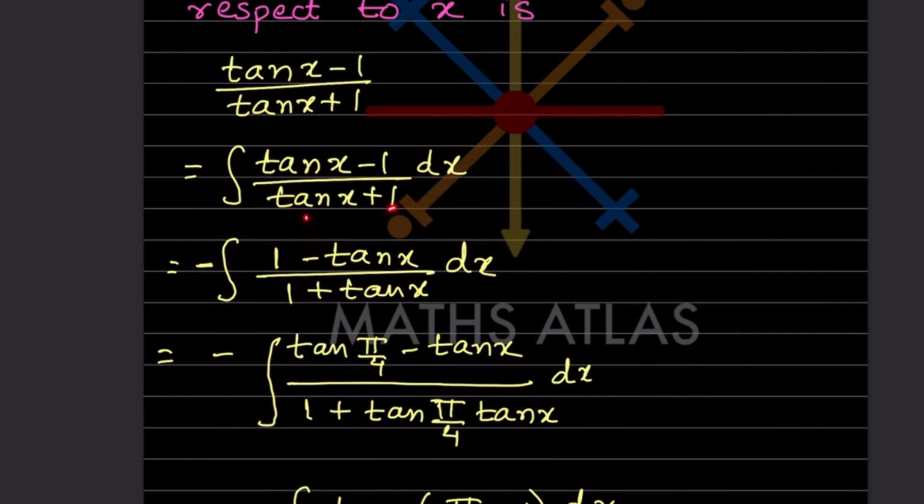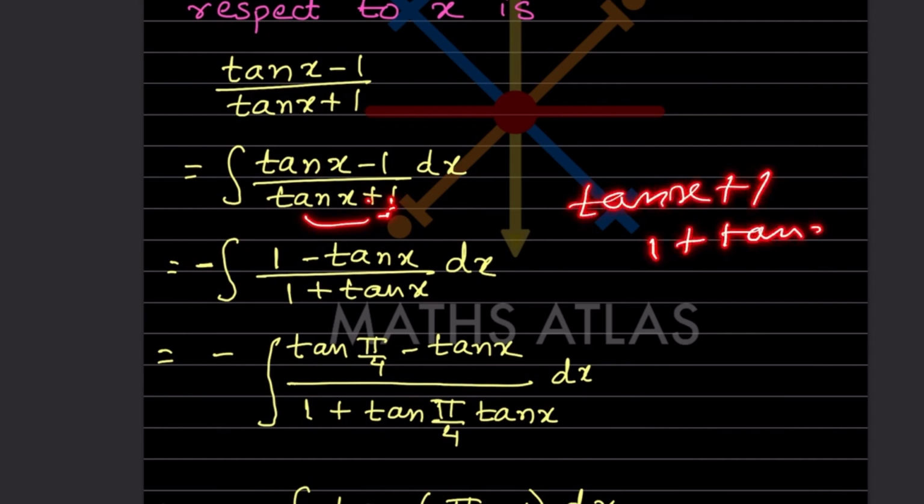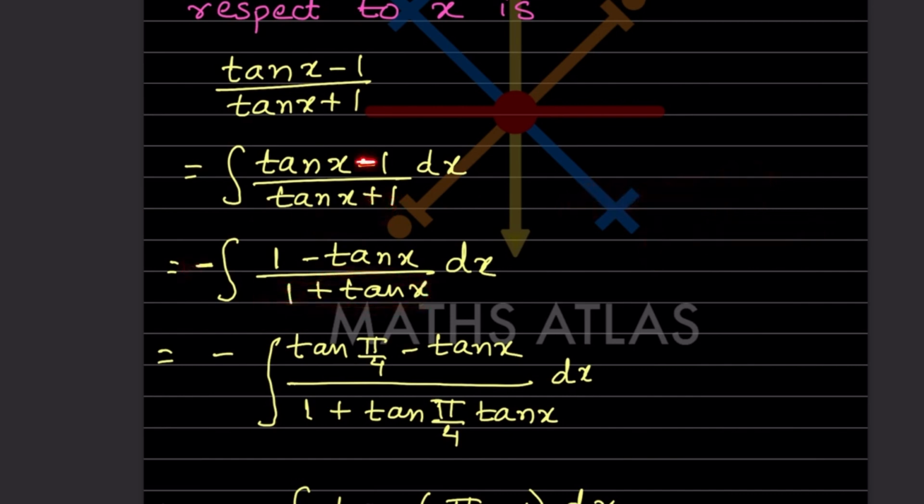And here we can write the same because plus 1 means either you write 10x plus 1 or 1 plus 10x, because both are positive, both are the same. So here no changes, but only in the numerator there will be changes because here is minus. So here dx. So now we have the formula for (1 minus tan x) divided by (1 plus tan x).